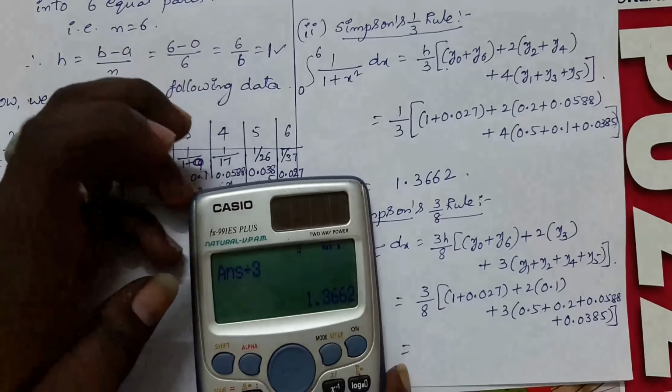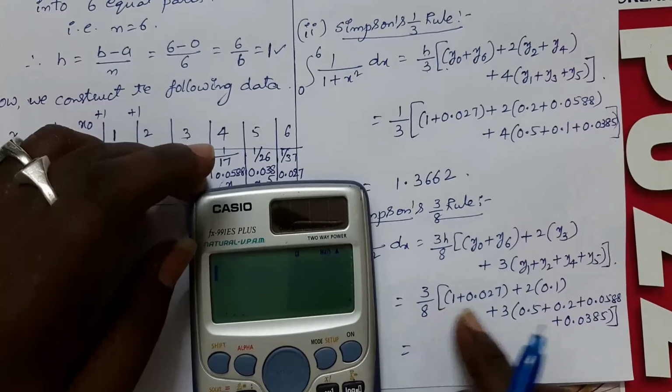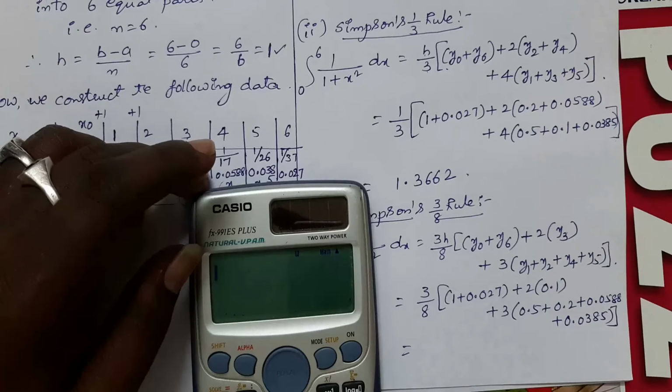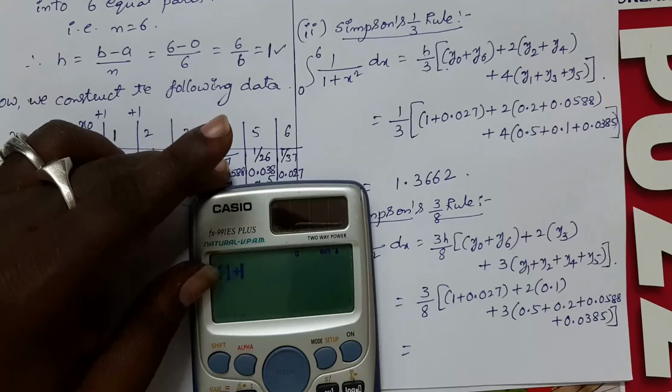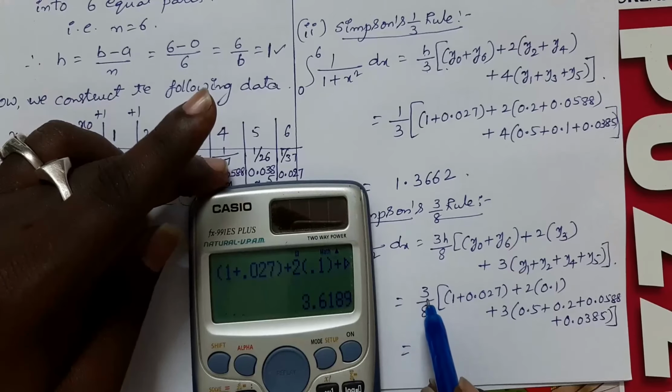First write all the terms which are inside the square bracket. So 1 plus 0.027, close the bracket, plus 2 times of 0.1 plus 3 times of 0.5 plus 0.2 plus 0.0588 plus 0.0385, close the bracket, is equal to, and you have to multiply this value by 3.